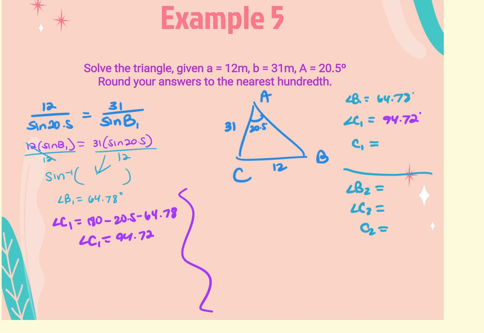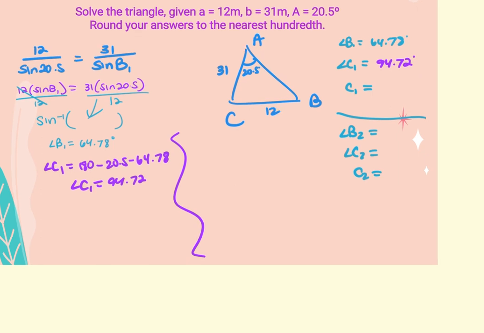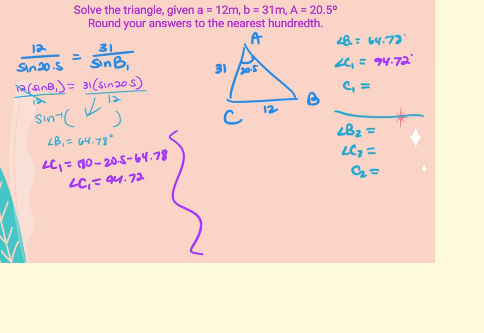And then the last thing I want to find from the first triangle is side C1. So I'm still using the A's. 12 over the sine of 20.5 equals side C1 over the sine of angle C1, which is 94.72.